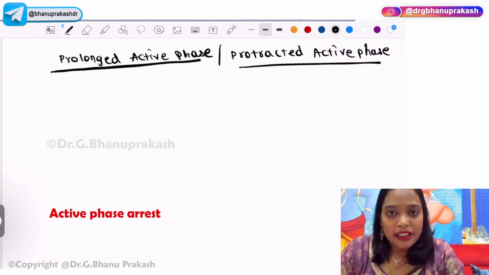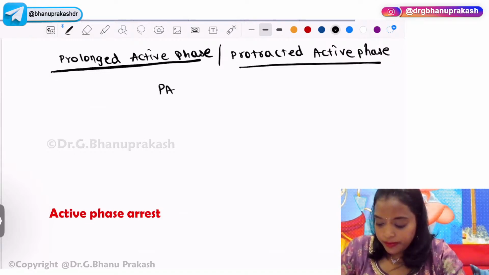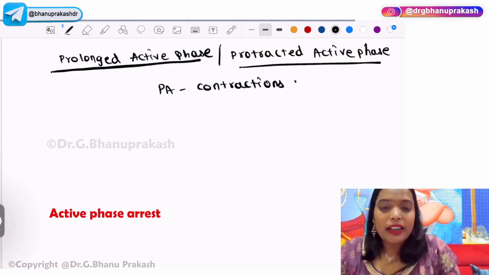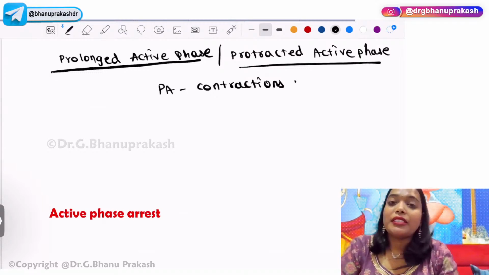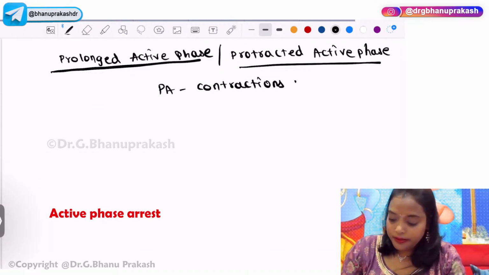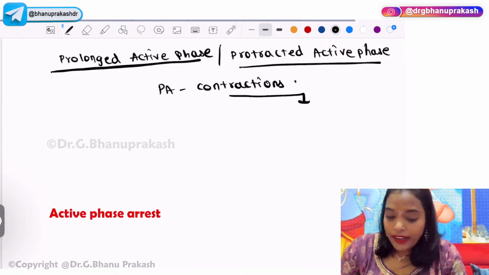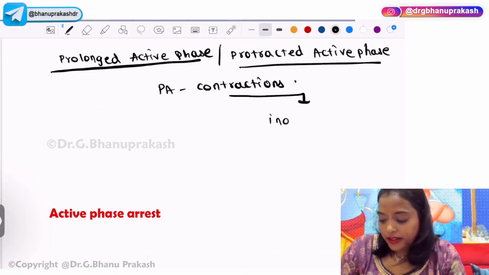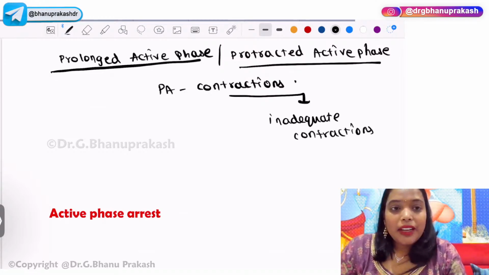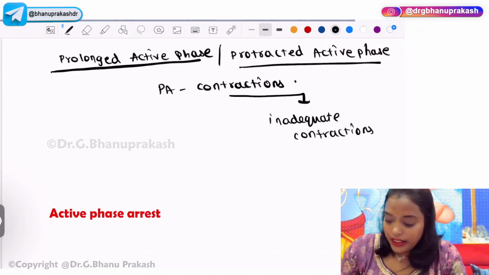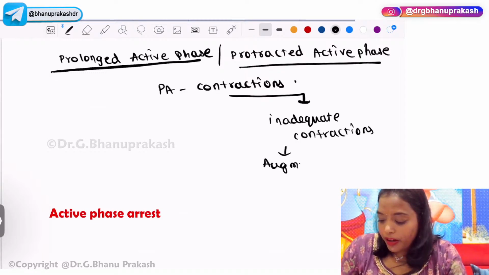Check for the contractions per abdomen, the contractions you feel. Guys, when do you call adequate contractions? How many contractions in 10 minutes is considered to be adequate contractions? So if they have inadequate contractions, then augment the labor, increase the contractions.